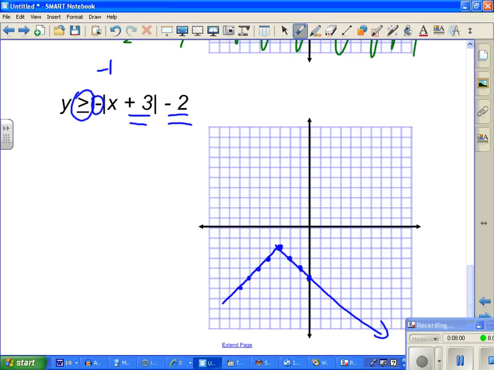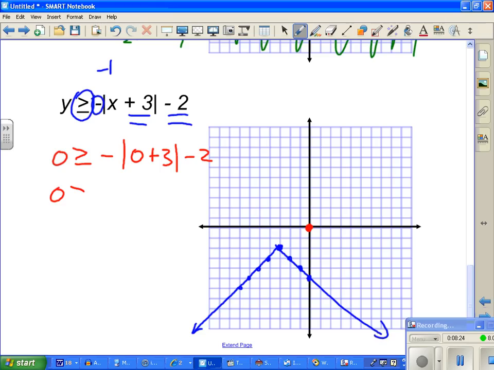Okay, solid line. Good. Now we pick a point, see if it works. Well, you'll find that one of the easiest points to plug in, if it's possible, is 0, 0. Okay? So let's plug in 0, 0, because that's obviously on one side of the graph or the other. So 0 is greater than or equal to negative the absolute value of 0 plus 3, minus 2.